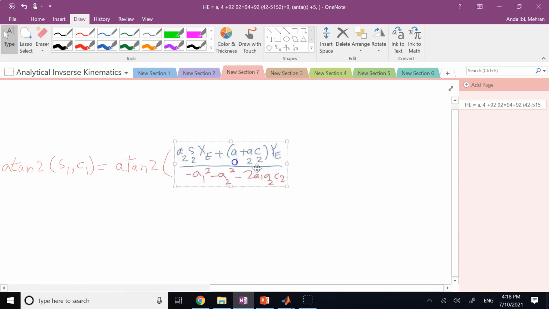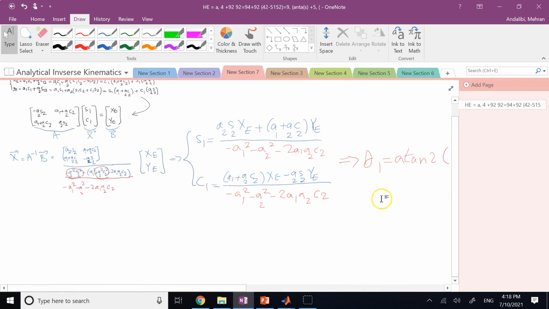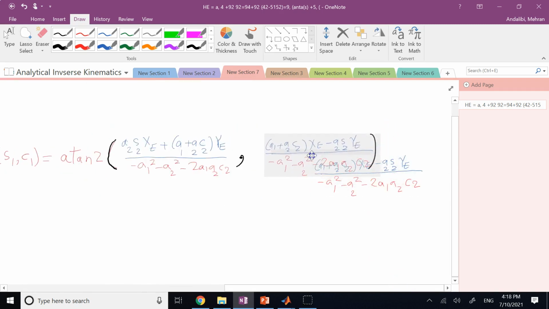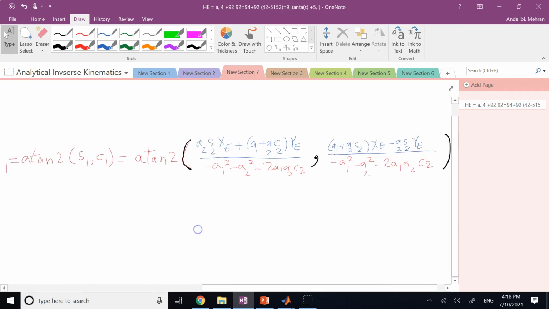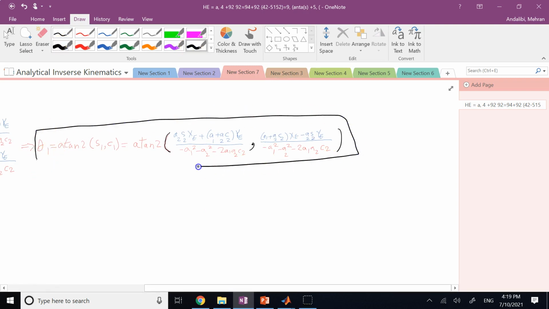So this is one of them, and the other one is going to come to the other side. There we go. So now this formula here is theta 1. This is theta 1 based on theta 2.